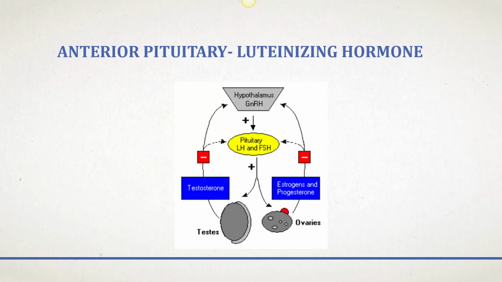So the luteinizing hormone promotes ovulation in a woman. There's actually an LH surge, they call it, a big surge in the concentration of luteinizing hormone, and that leads to ovulation. And regulation of the corpus luteum.